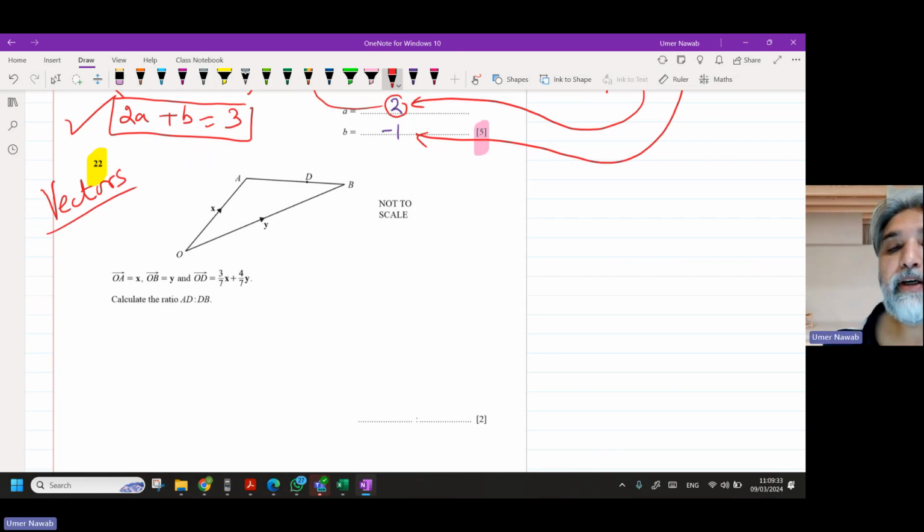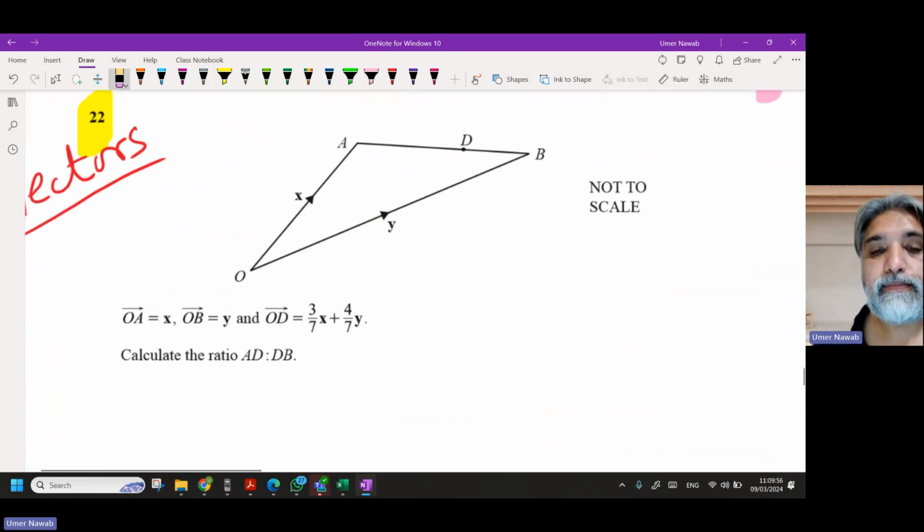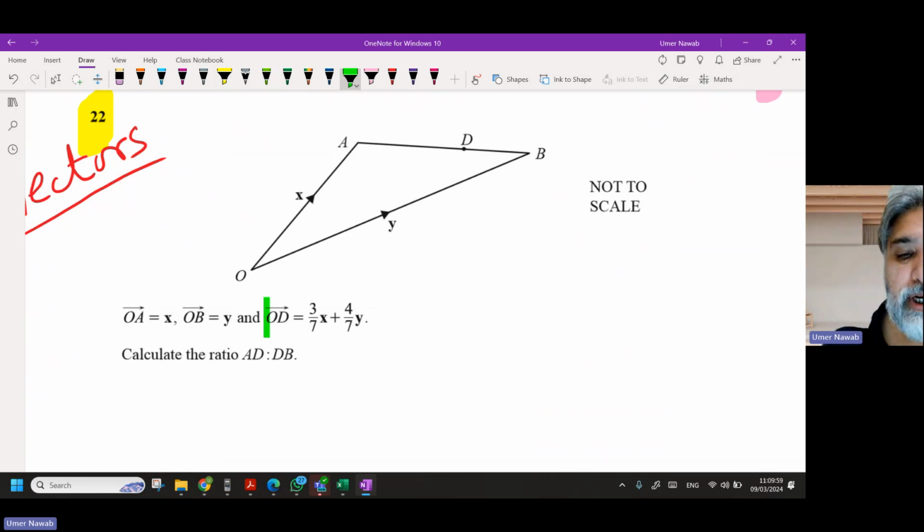The main name of this topic is vectors and transformations, but now we are going to talk about vectors. My friends, this vector, OA vector, complete, is X. And this vector total is represented by Y. The interesting thing is this, that OD vector is 3 over 7 of X. So it means if I consider that this has 7 parts, someone has gone 3 units up, and this is 4 units.